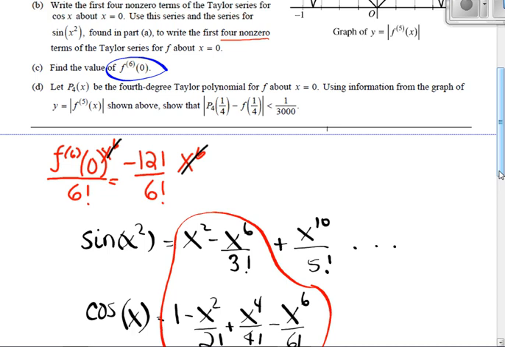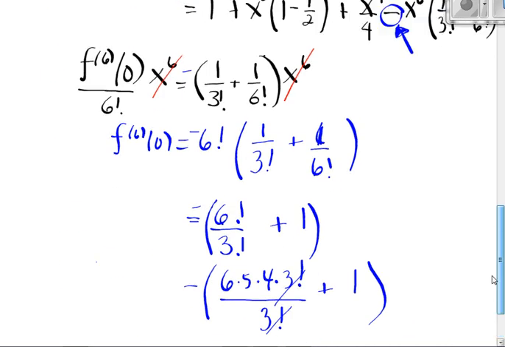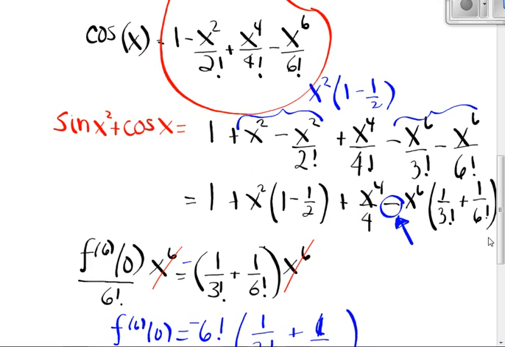It says let P4 be the 4th degree Taylor polynomial. So that's for this function, which is not the 6th degree, but the 4th degree. So it's just this. And now remember, it's not an alternating series, but the test is similar to that.